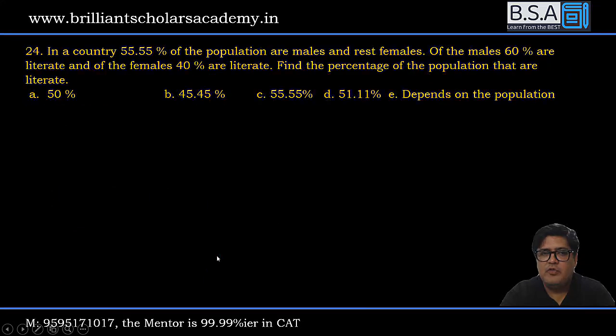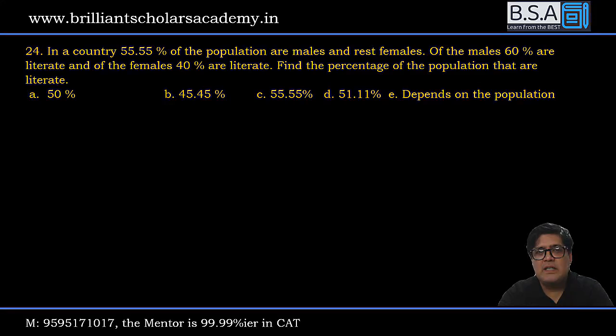Clear है ये? Simple enough. Chalo, give it a shot. Fundamental plus minus, very basic plus minus. In a country, 55.55% of the population are males. Rest are females. Of the males, 60% are literate, पढ़े लिखे हैं.